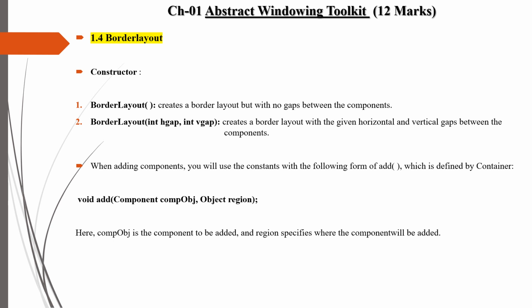Here com is the component to be added and region specifies where the component will be added. Example: f is the object of frame, f.add, b1 is the object of the component, and b1 is added into the north region, so the constant passed is BorderLayout.NORTH. So in this way we can use the add method to add a component in border layout.